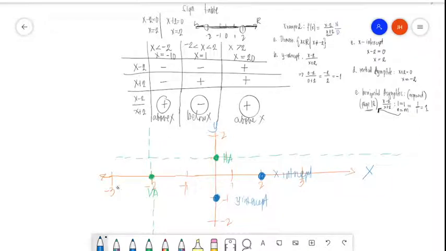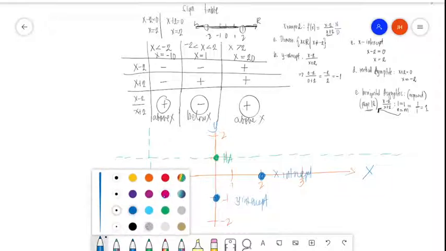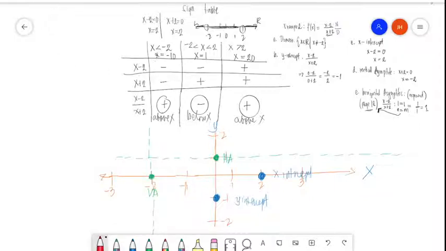So let's have now the behavior of our graph. I'm going to use pink. No, red. So let's have x less than -2. The behavior of the graph for x less than -2 is above the x-axis. Again, we have here the horizontal asymptote, so it is not possible to have the graph below the horizontal asymptote.